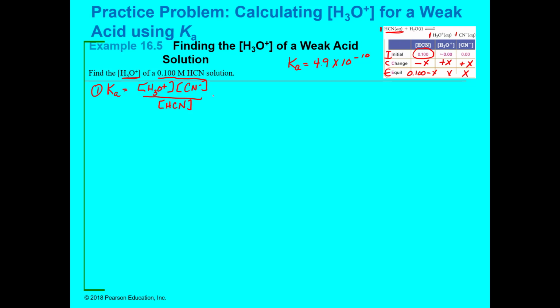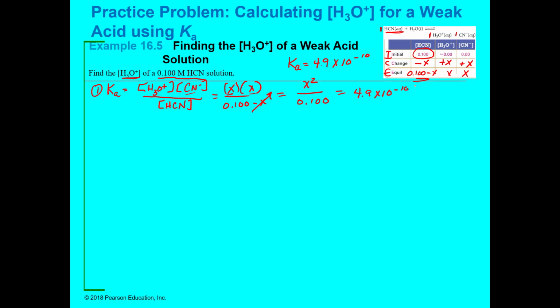That's the same as X times X divided by 0.1 minus X, because H3O plus is X, CN minus is X at equilibrium, and HCN is 0.1 minus X. Since I can use the approximation rule, I don't have to worry about that minus X, so that's going to be X squared over 0.1, equal to 4.9 times 10 to the minus 10, because that's Ka.